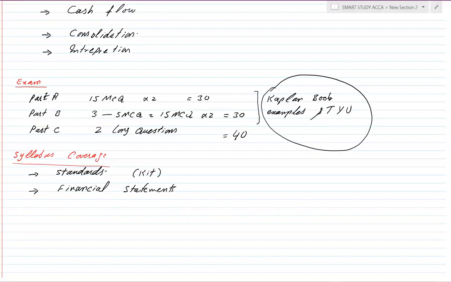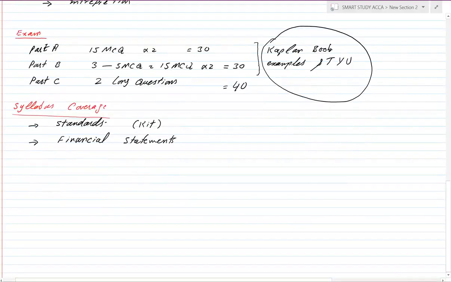Once we are done with the standards, then we will move towards the financial statements. After that we will move towards consolidation. We will cover group accounts, and obviously it will be a major portion of our syllabus.